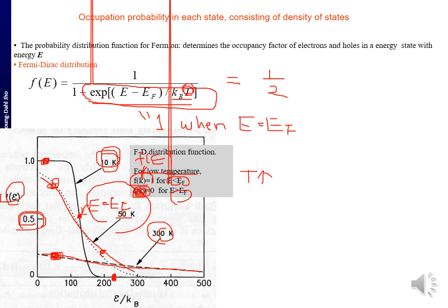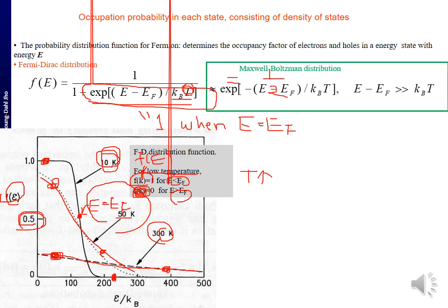If the temperature is very large, and also E minus EF is large enough compared to thermal energy, then this exponential is large.